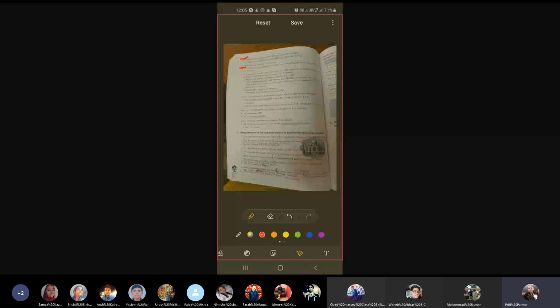Number six, number seven, number eight, number nine, number 10, number 11. Just the headings. So, number seven, when writing a notice. Whenever we are writing a notice, it is in a passive voice. Then, number eight, newspaper headlines are often written in the passive voice with the missing helping verbs.